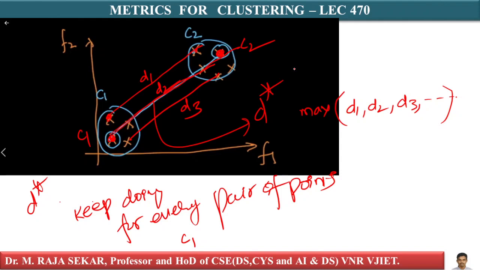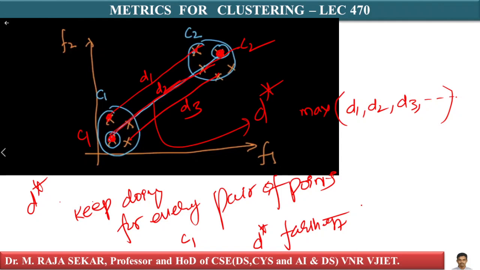D star is the distance between two farthest points, such that the first point lies in cluster C1 and the second point lies in cluster C2. That's how you measure the numerator.